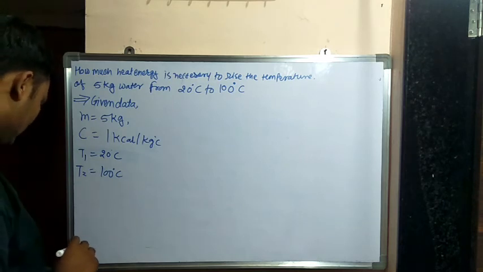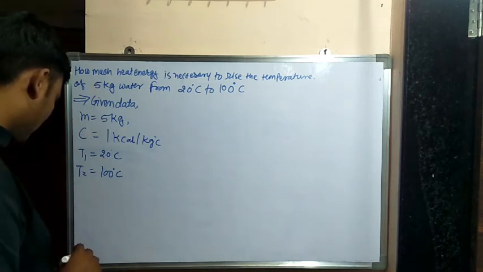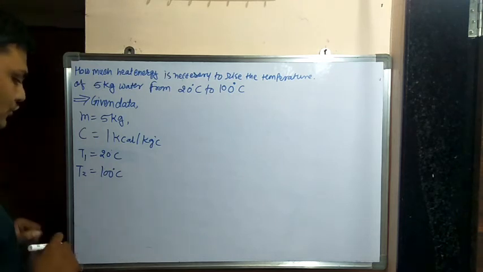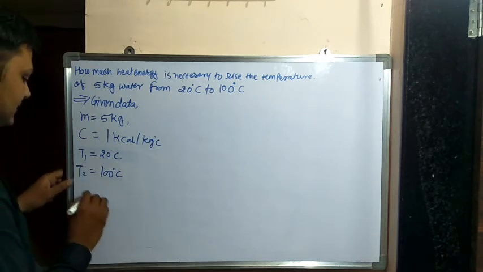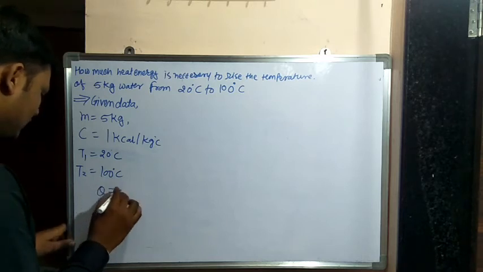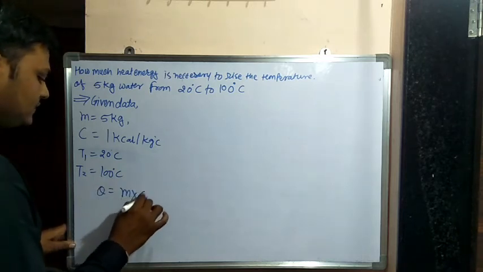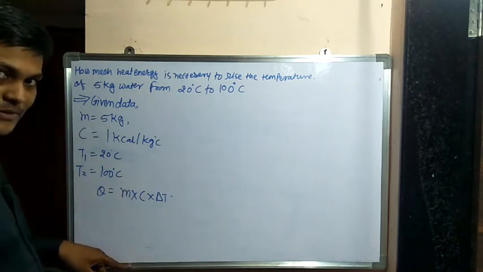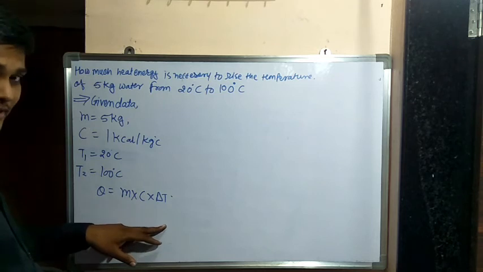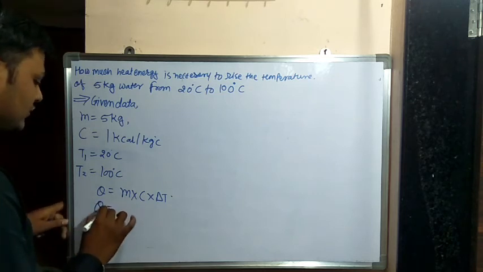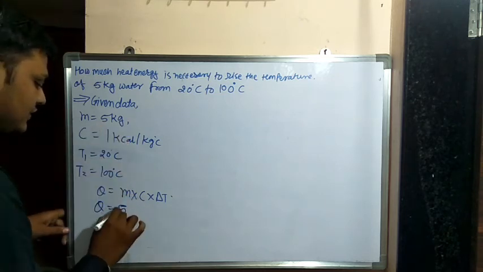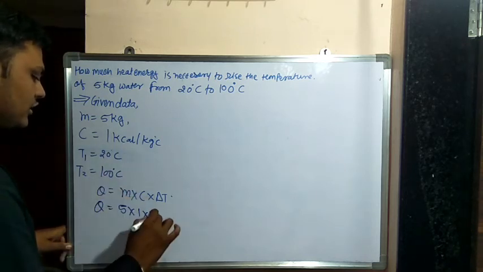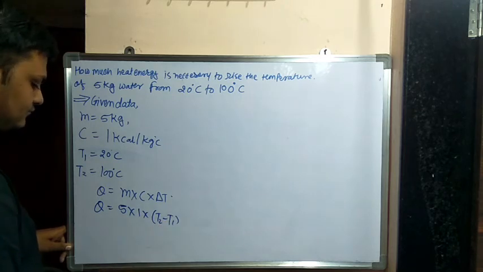We have a formula to calculate the heat required. Q is equal to m c delta T, where delta T is the fall or rise in temperature. Here we have to take the rise in temperature. So Q is equal to 5, that is m, into 1, that is c, into delta T, which is T2 minus T1.